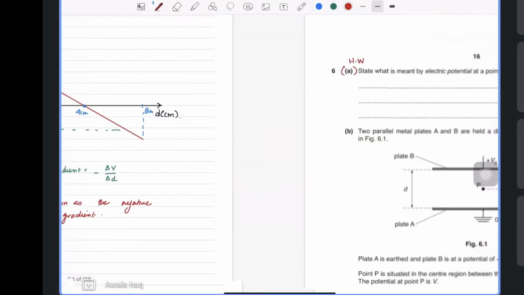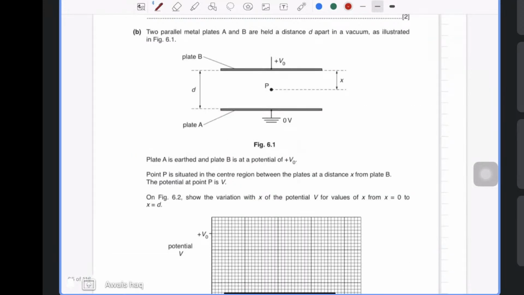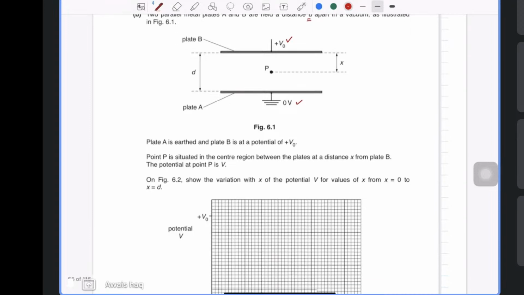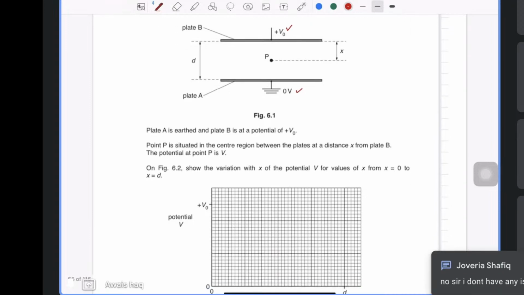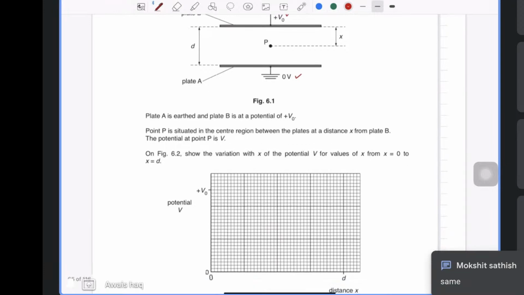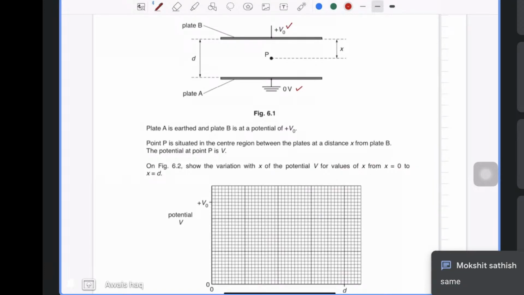Anyway, so for this one they have shown two parallel plates, and one plate has a positive potential, one has a zero potential, and they say there's a distance d apart. So then it says plate A is earth and plate B is so on, show the variation. So you guys should remember, because it is a parallel plate system, when it has covered distance d, the line should be starting from here, and at d it should just be a straight line and it should be 0.